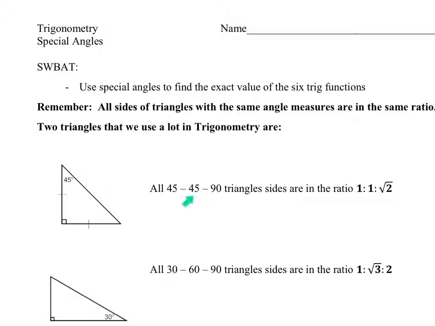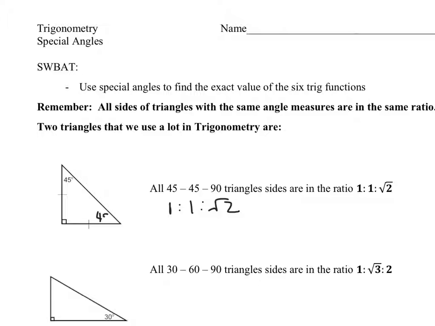If you remember from geometry, the 45, 45, 90 triangle is in the ratio 1, 1, radical 2. The side opposite 45 is 1. No matter the size, we could put 1x plus 1x, and that ratio will always hold true when you have a 45, 45, 90 right triangle.